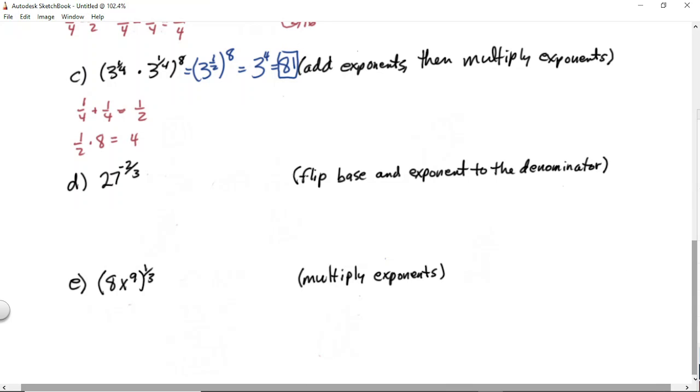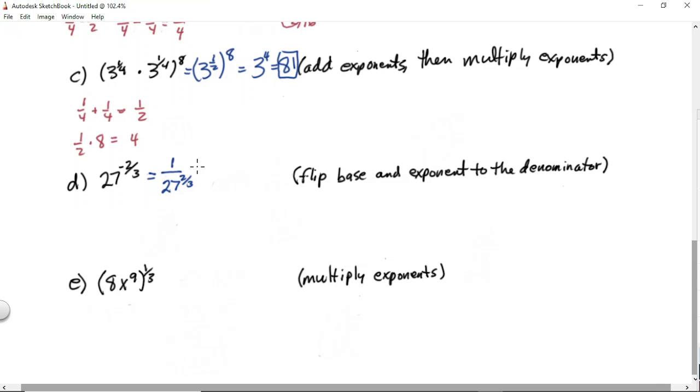Okay, let's look at the next one. So this one is a negative exponent. So we know what to do with negative exponents. We just flip the base and exponent to the denominator and we make them positive. Make that exponent positive. So we have 27 to the positive 2/3, but it's in the denominator.